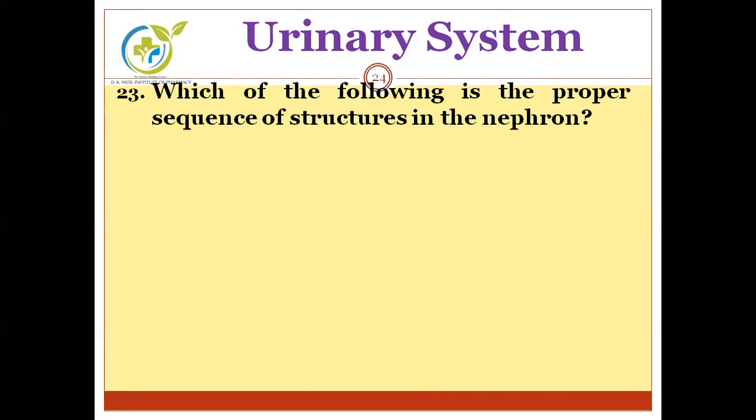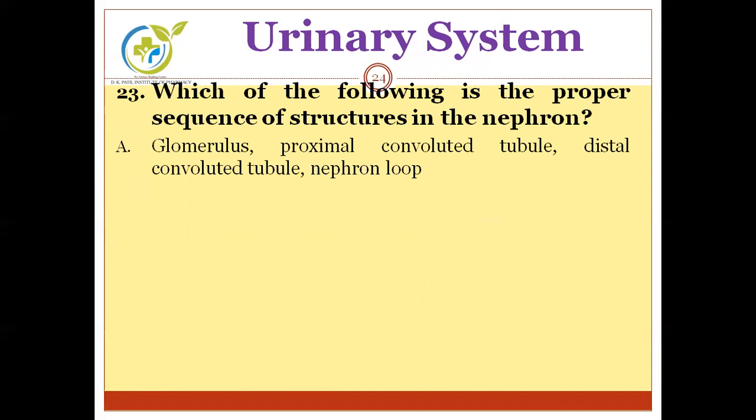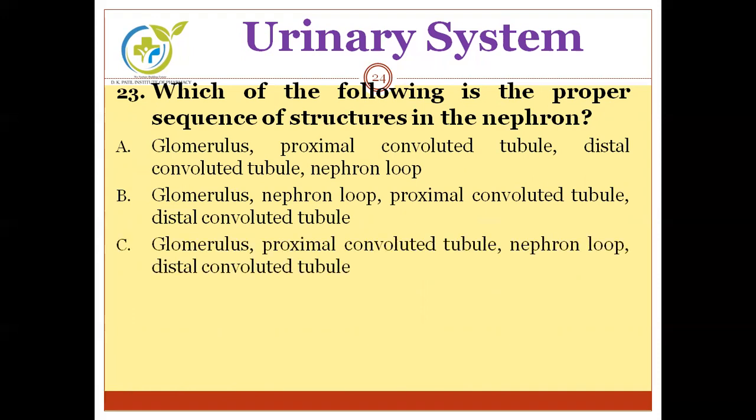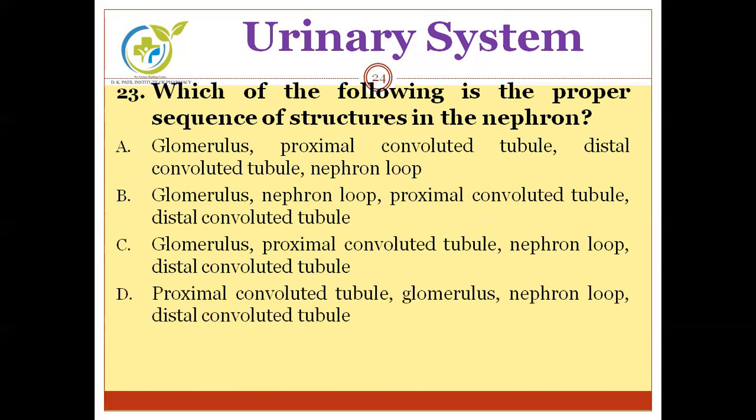Which of the following is the proper sequence of structures in the nephron? Options are: A, glomerulus, PCT, DCT, nephron loop. B, glomerulus, nephron loop, PCT, DCT. C, glomerulus, PCT, nephron loop, DCT. And D, PCT, glomerulus, nephron loop, PCT.